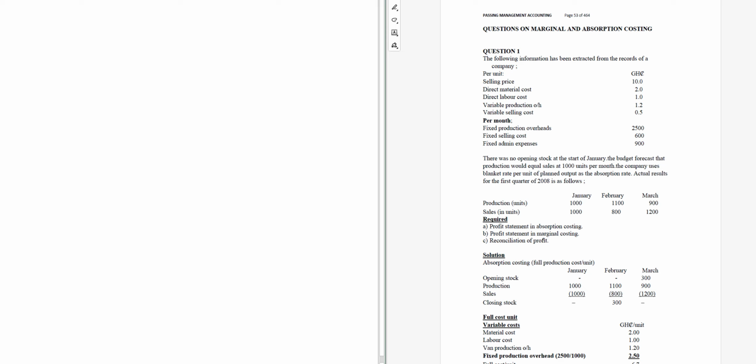So what I do first when it comes to absorption and marginal costing questions is to determine the cost per unit. I need the full production cost. Remember, when it comes to stock valuation, we always use the full production cost per unit for absorption costing, and we use it to value the stock.